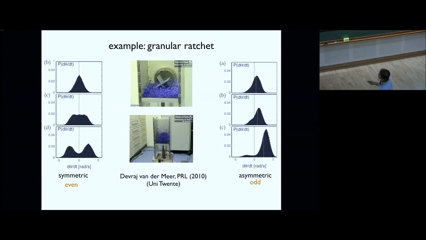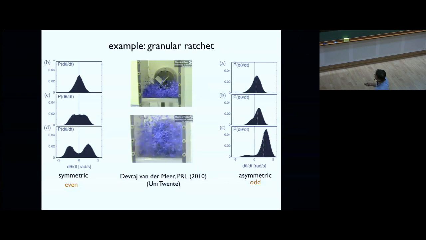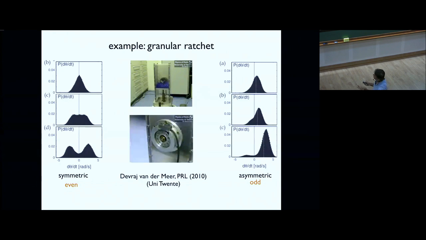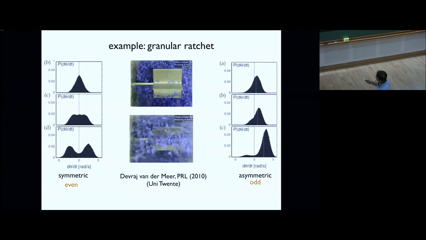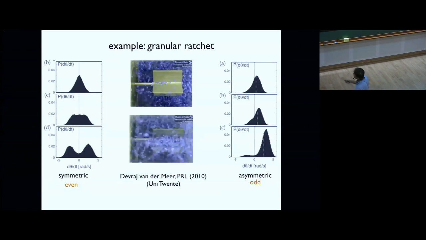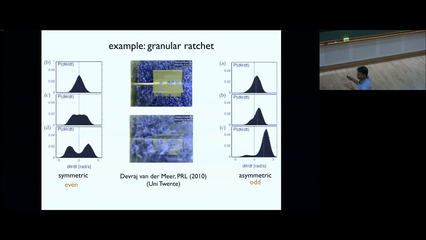So let's say these are experiments I have taken up from this reference. Let's say there is this fan which has blades which are all symmetric in both sides. All the blades are symmetric in both sides, and then there is this kick from this granular material which is being vibrated vigorously, and they are kicking the whole thing, and this moves either rightward clockwise or anti-clockwise.